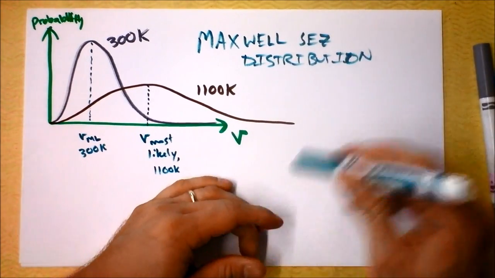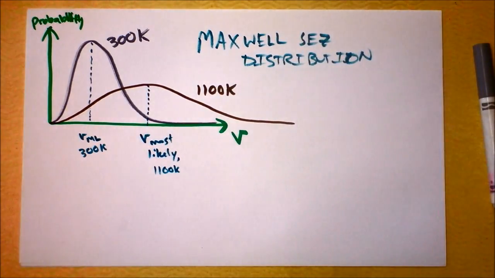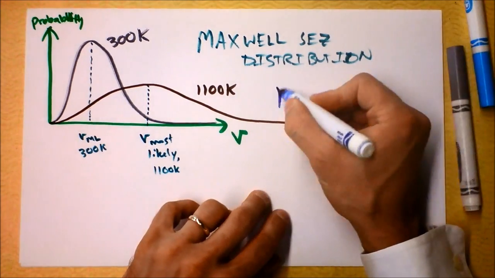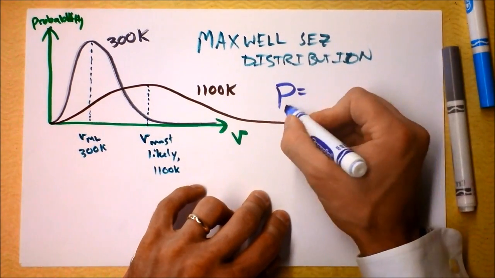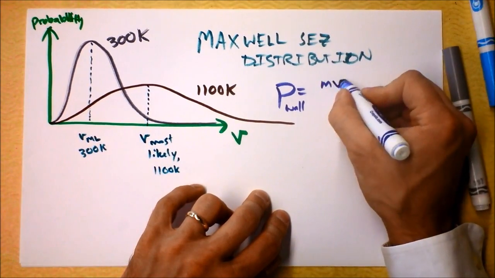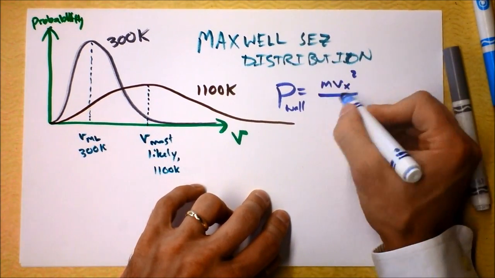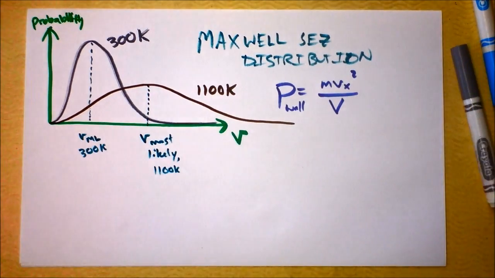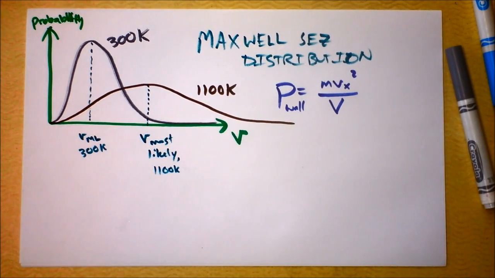Next, we can go back to this equation right here. We said that pressure on a wall, I'm going to write it back down for you again, is mass of a particle times Vx square divided by the volume of the container. And what I want to do next is say, what if there are multiple molecules?